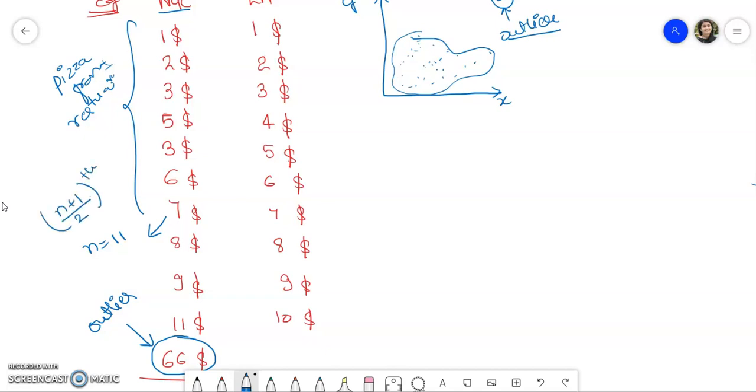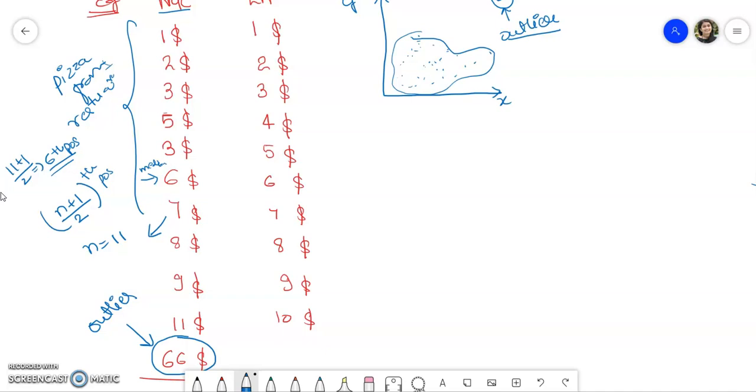This is the position we have to find. So n is 11, plus 1, divided by 2, that is the sixth position. Whatever data point is present at the sixth position, that is our median. So I'll count 1, 2, 3, 4, 5, 6. So this is my median in this data set, okay?